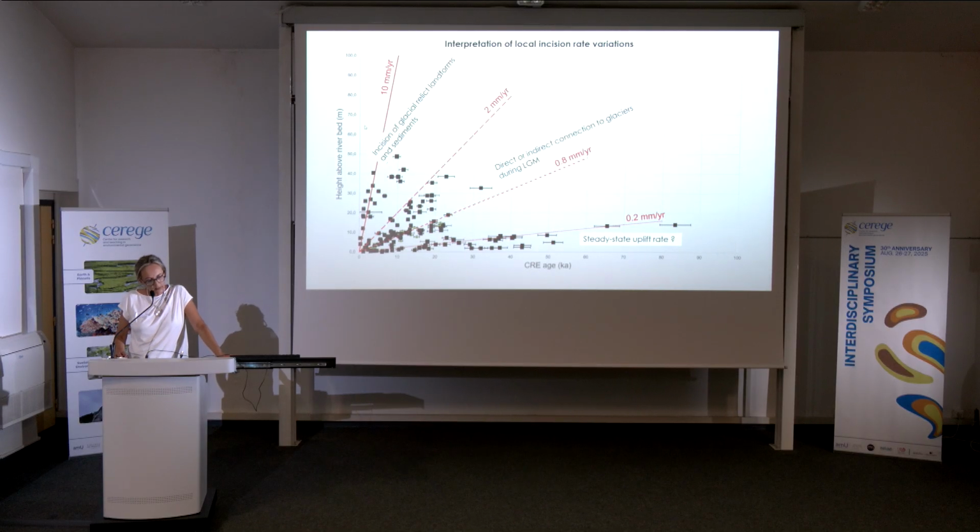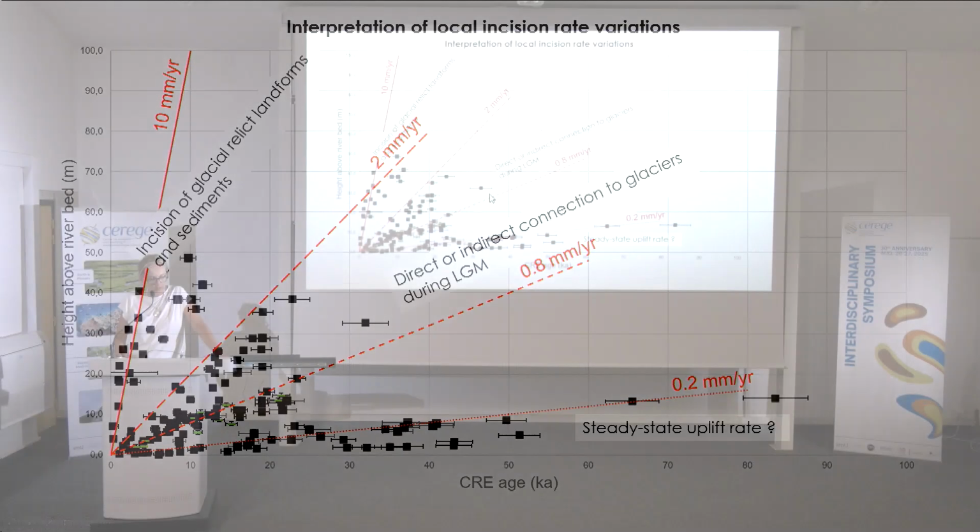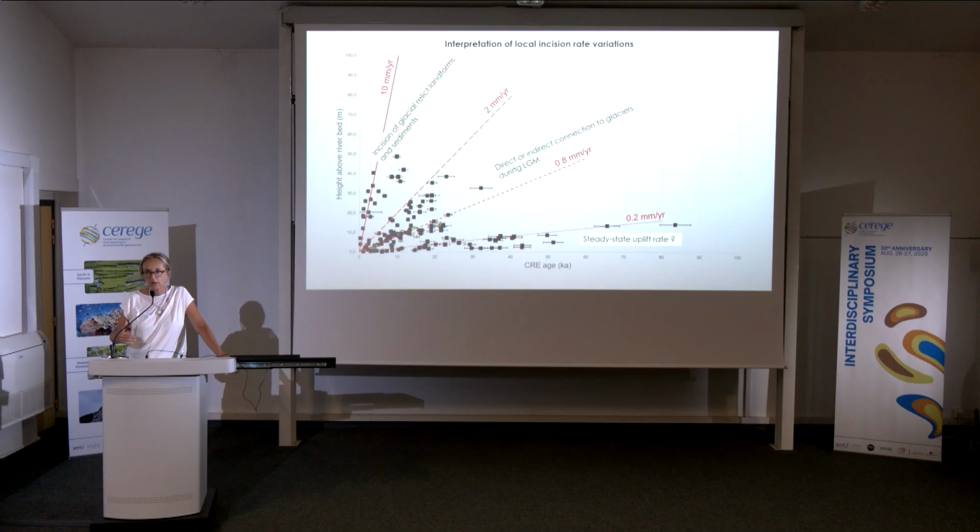And oppositely, we can interpret the very fast incision rate as the incision of relict landforms and deposits in very high altitude areas. And in between, this group reflects, in fact, the delayed effect of the deglaciation, which is different between the main rivers that have been connected to glaciers and their tributaries.